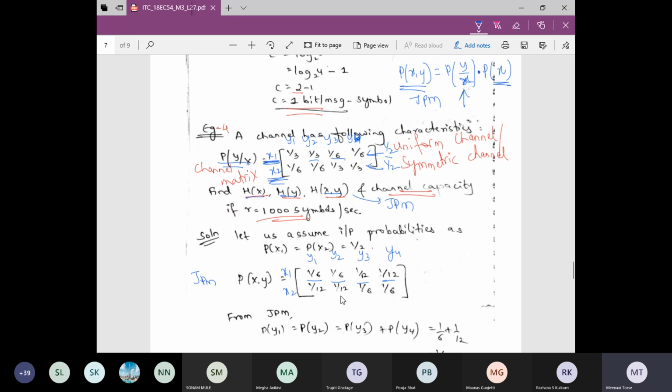So the second row has to be multiplied with probability of x2, that is 1 by 2 itself. 1 by 2 into 1 by 6 is 1 by 12. 1 by 2 into 1 by 3 is 1 by 6. So this is the JPM we have obtained by converting the channel matrix.